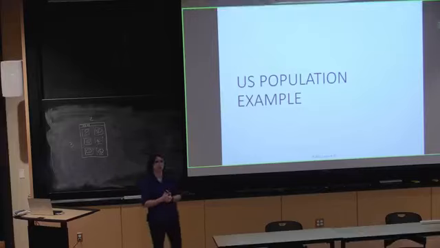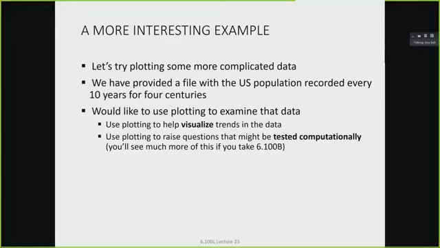So the first thing I'd like to do is open up a file on the US population. So this particular file contains 40 different numbers. So it has a population value over about 400 years every 10 years, right?